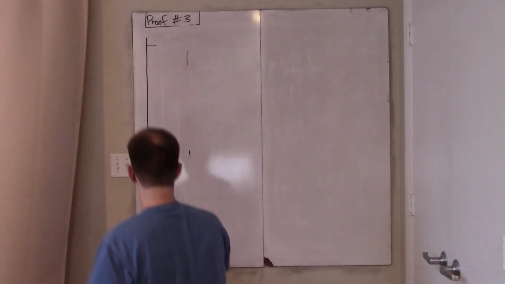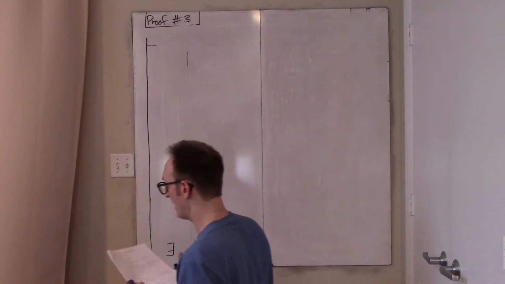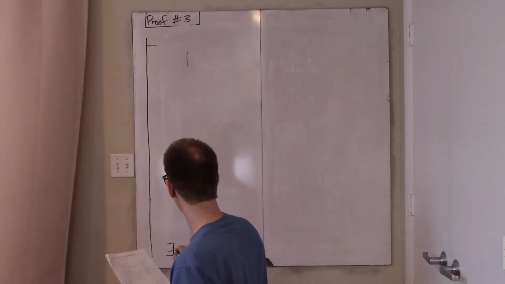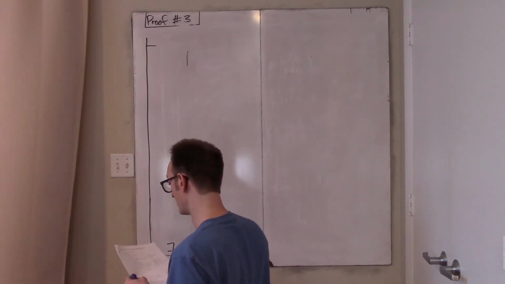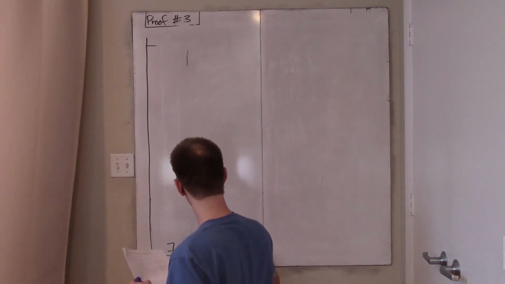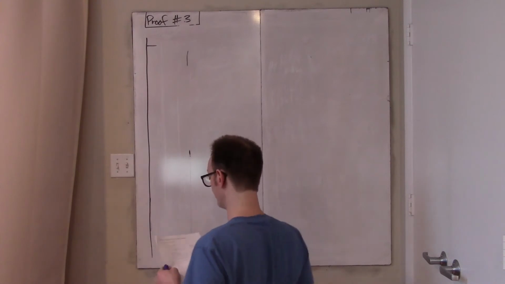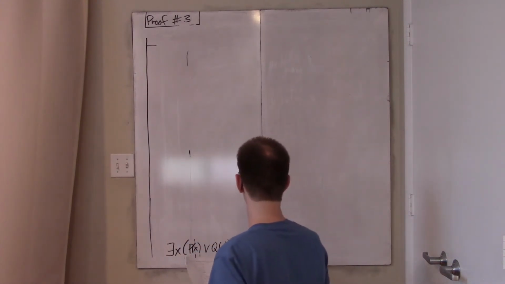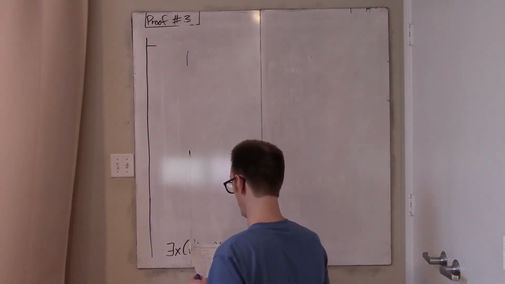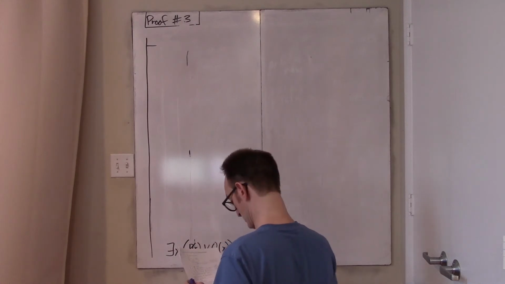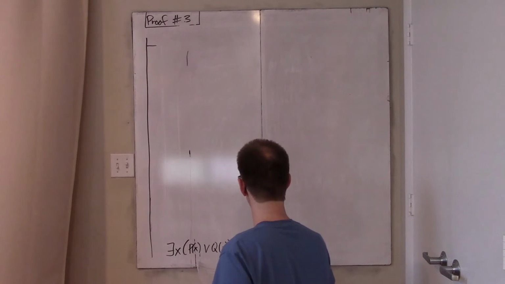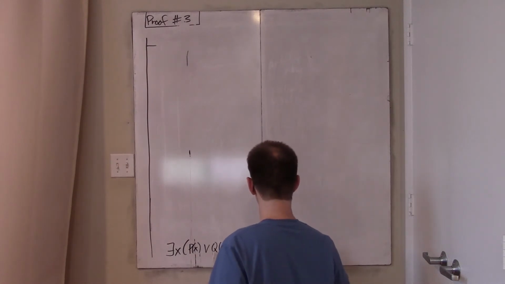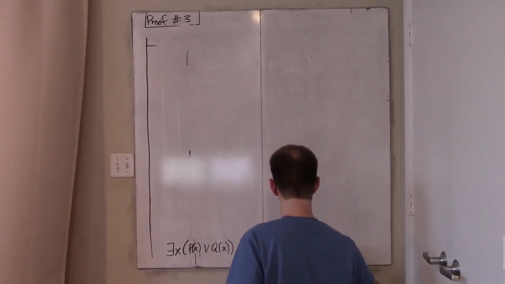It says, and I'm just going to write as big as I want, that there exists an x, P of x or Q of x, if and only if, this is kind of bad notation a little bit, if and only if there exists an x, P of x, or there exists an x, Q of x.